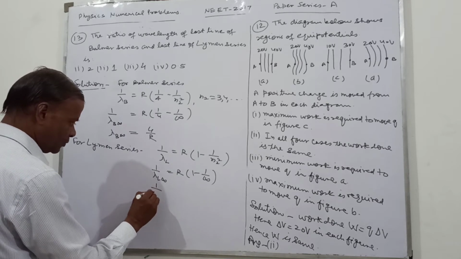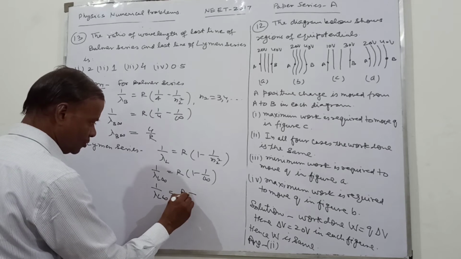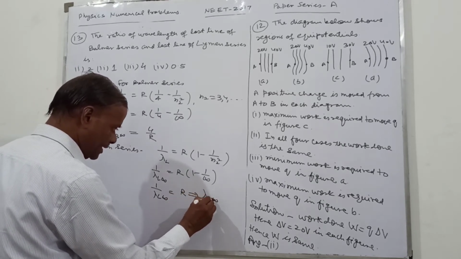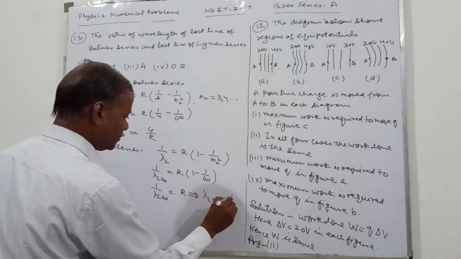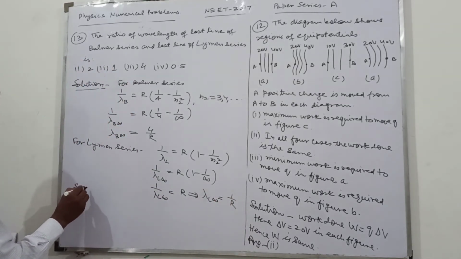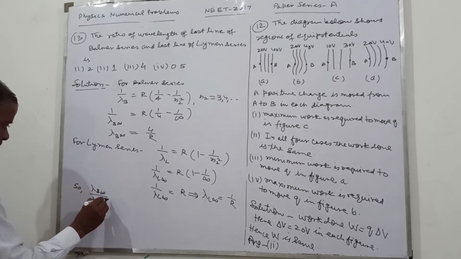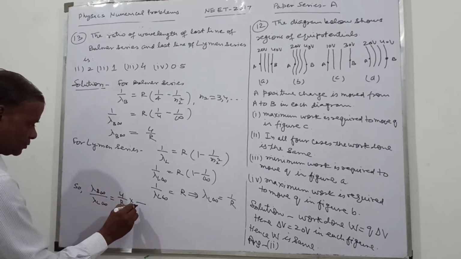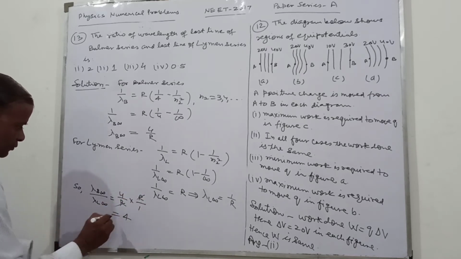So this 1 upon lambda L infinity is equal to R, or this lambda L infinity is equal to 1 upon R. So now you find the ratio. Lambda b infinity upon lambda L infinity, this is now your 4 upon R, and this is your 1 upon R. R and R will cancel, so you will get it to be 4.